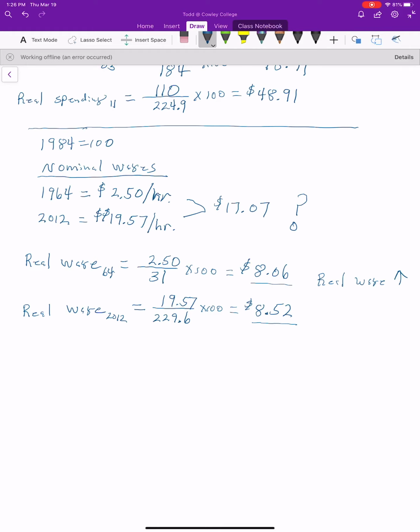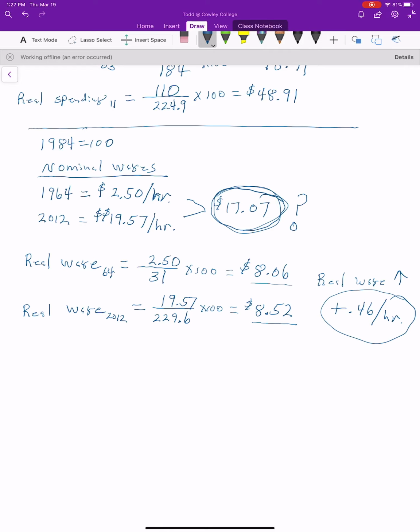But instead of being better off by $17 per hour, if you take your $8.52 minus $8.06, we were only better off by 46 cents per hour. So our paychecks were going up $17 per hour, but we could only buy 46 cents more goods and services than we did back in 1964.